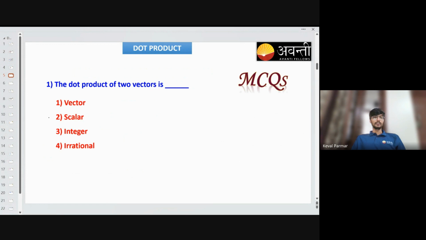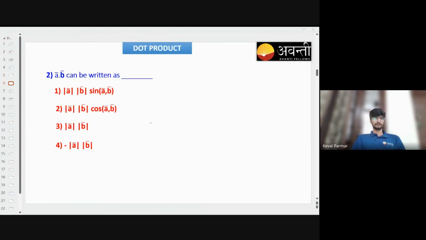The dot product of two vectors is scalar. Right? Of vectors we have two products, dot product and cross product. So for dot product, the product of vectors is a scalar. Let's see next. A bar dot B bar can be written as. Come on, guys.